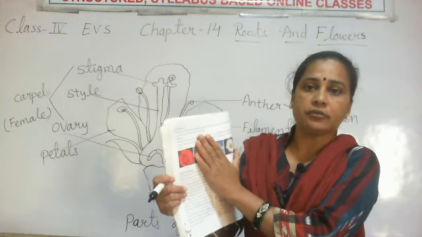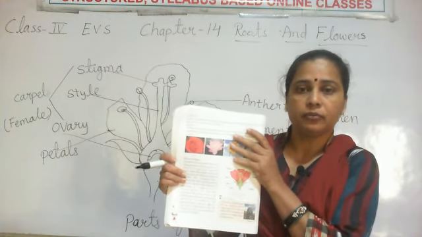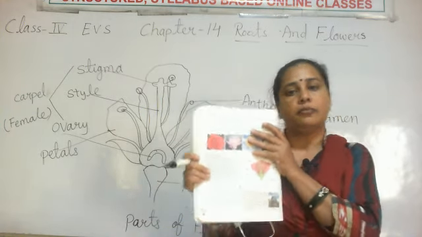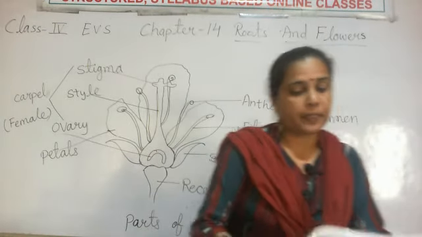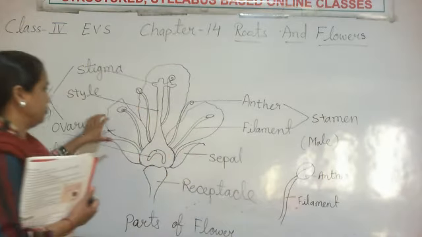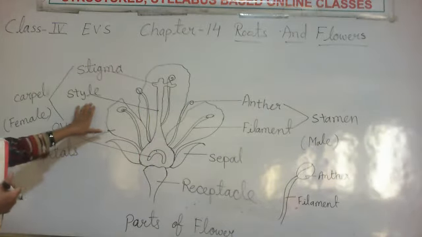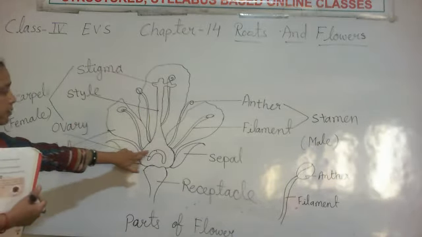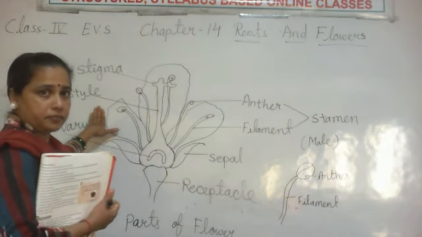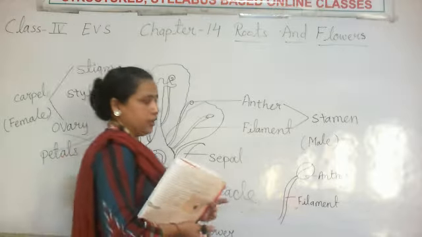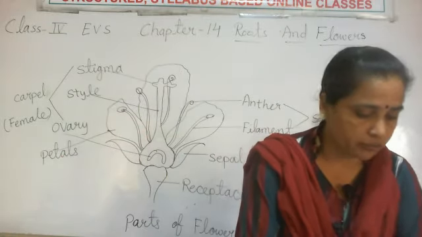Here we will discuss only one part, that is the flower. Now for that I will draw one picture for you. Some are the internal parts and some are the outer parts. Clear? Now before that I want to show you something.